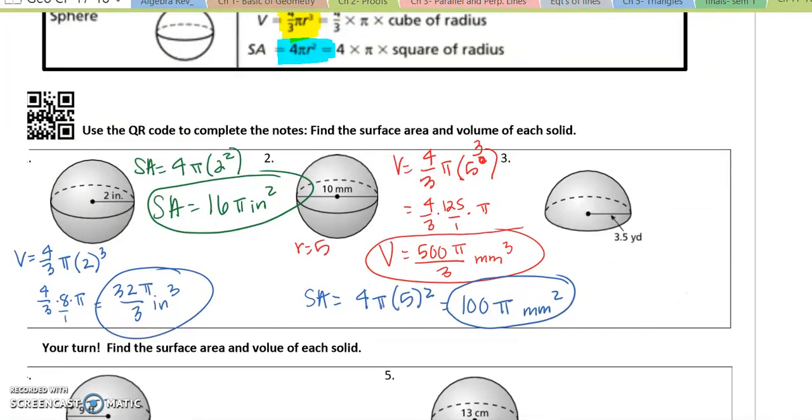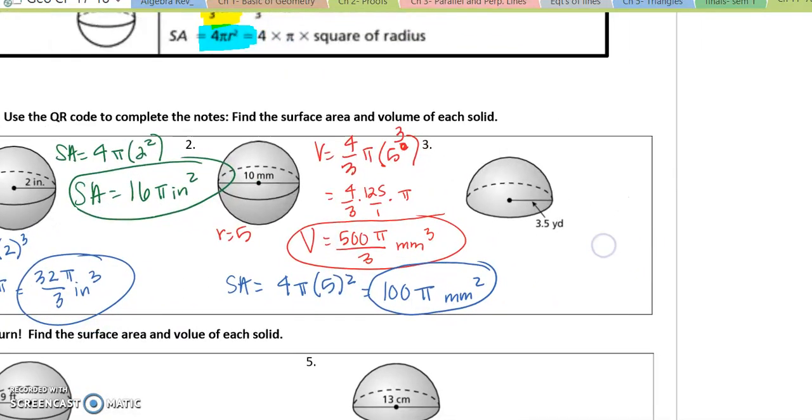All right, last one. Here we only have a half circle, okay? So to find volume, it's pretty straightforward. Volume is just going to be 1/2 times the volume of the sphere, which was 4/3 pi times the radius, 3.5 cubed. Okay, so since I'm dealing with a decimal, let's go ahead and get this one in decimal form.